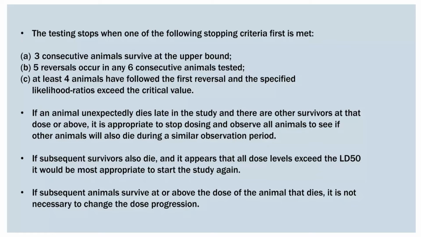If again the animals survive, then we go for 1750. If the animals survive, we have to stop the experiment because three animals survived at the upper bound. We have to conduct the limit test for 2000 and 5000. If regulatory guidelines permit, then we can go more than 2000. Otherwise, we conduct only 2000.